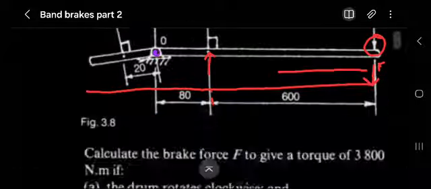our T2 will be equal to 4717.57. By the way, I've rounded this to 2 decimal places, but on your exam, please round everything to 3 decimal places.